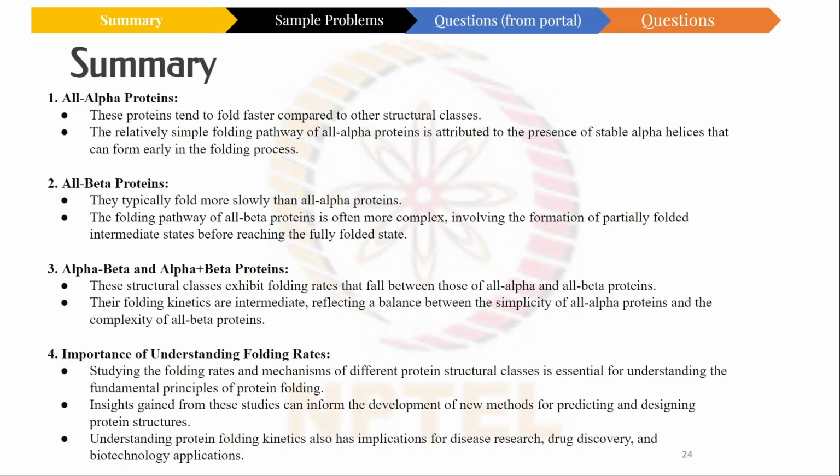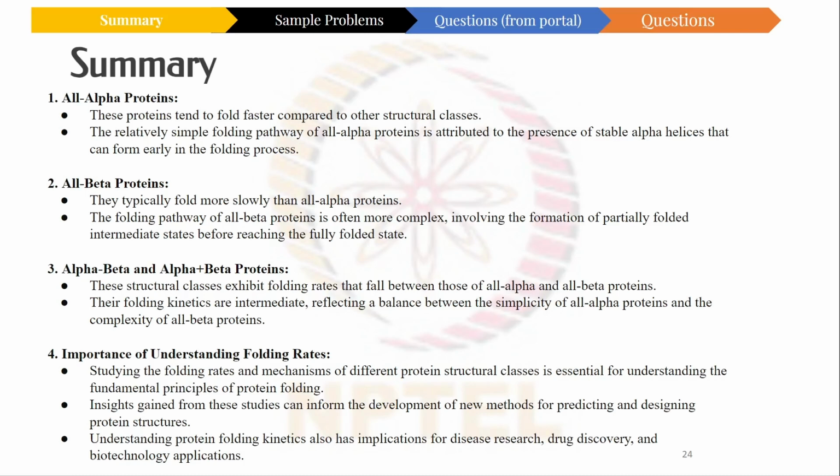So here I have a question about micro to milliseconds of folding time. Does this have any relation to folding rate? Since I mentioned the unit of folding rate is per time, like 1 per time unit, for example, if we have a microsecond folding process, 1 divided by 10 to the power of minus 6 gives 10 to the power of 6.